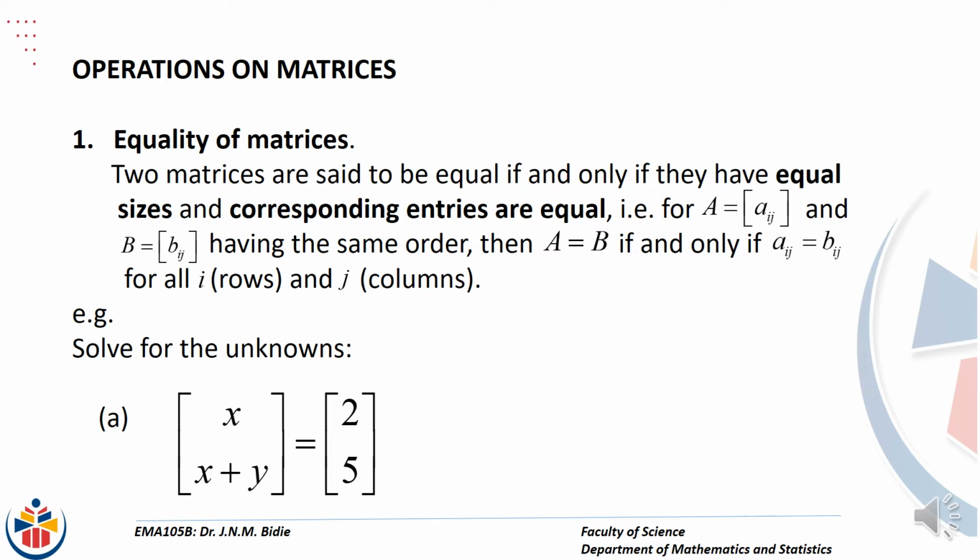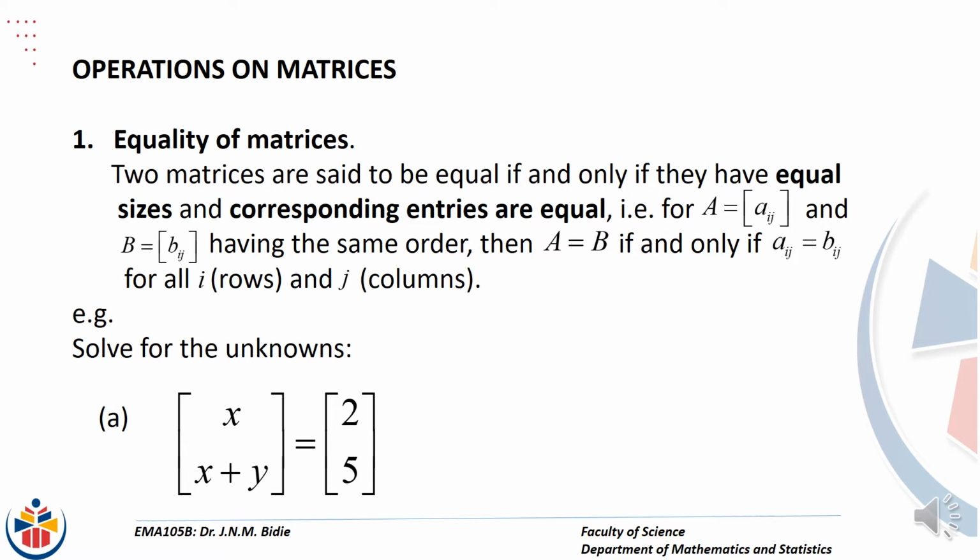So let's do some examples. Firstly, A, we've been given a 2 by 1 matrix equal to a 2 by 1 matrix. So same size, fine.